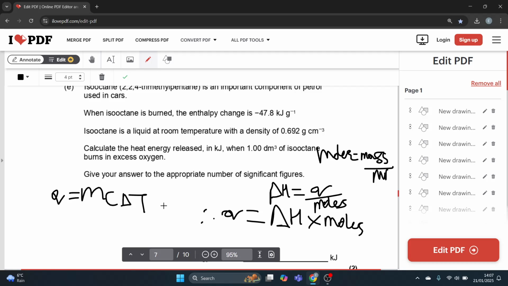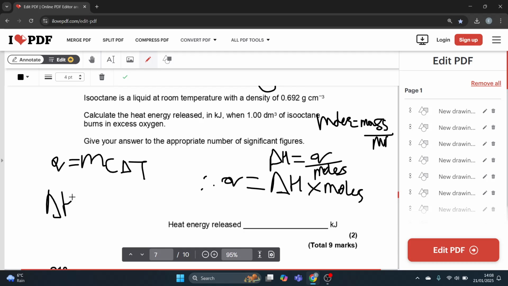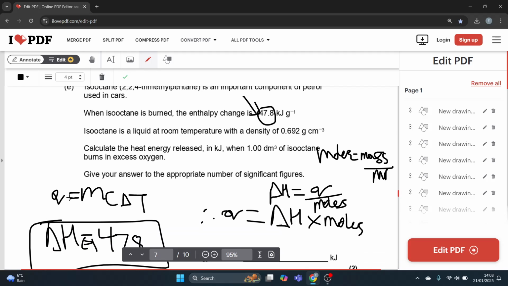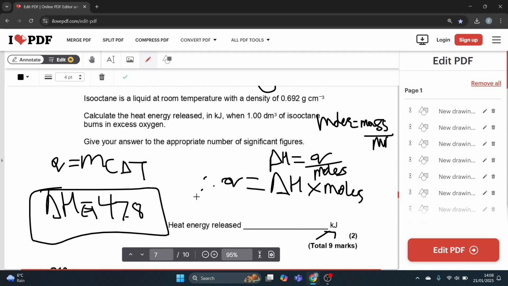Okay, so we've got a blueprint now, a path of what to do. So I already have delta H, enthalpy change, 47.8. I don't care that it's negative, that just tells me that it's exothermic. So I know delta H is 47.8, include this in brackets. It's in kilojoules, and I want my final answer in kilojoules, so that's fine.